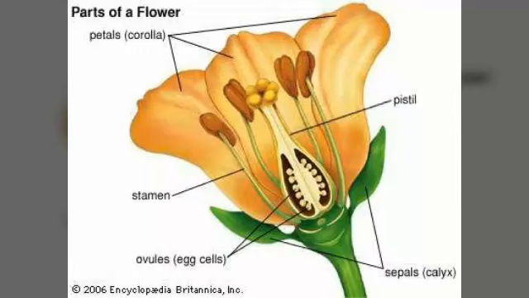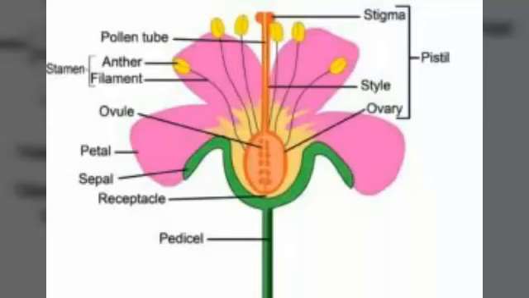You can see the pistil, it is located in the center. The stamen is located around the pistil, and the petal and sepal are the non-reproductive parts of the flower. Petals are colored, whereas the sepals are green.